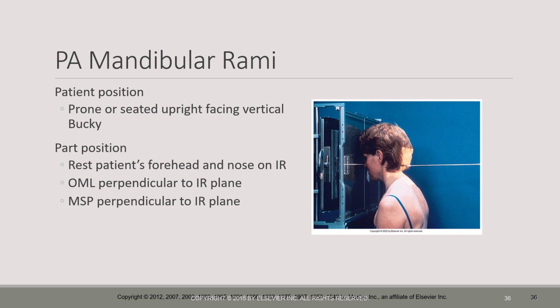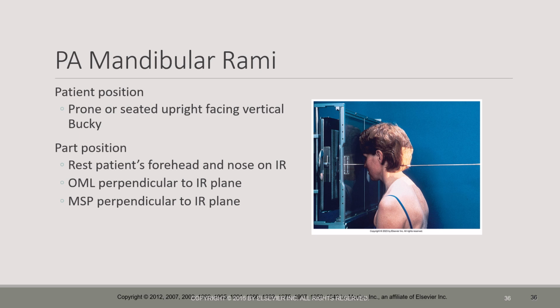So it starts out with a straight PA, very much like the Caldwell position or the PA position, the OML perpendicular, mid-sagittal plane perpendicular. Instead of the central ray directed to exit the nasion, though, the central ray is directed to exit the acanthion. So just move the centering inferiorly from the nasion to the acanthion, and everything else is the same.